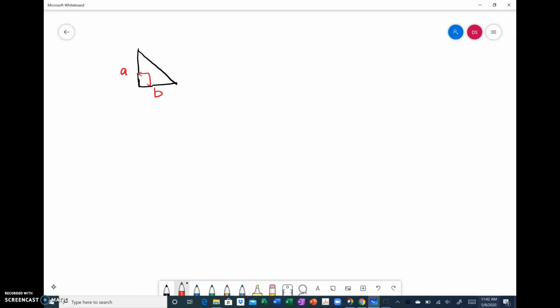So you can envision two little arrows pointing to the legs of the right triangle. And the line across from the right angle sign, so this one out here, is called the hypotenuse. And it is usually C. In fact, it will be C in the Pythagorean theorem.